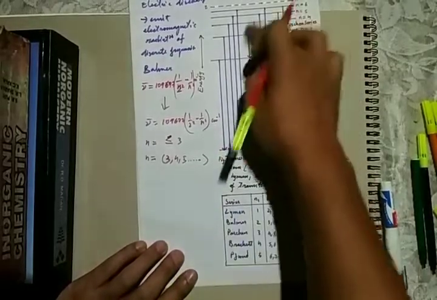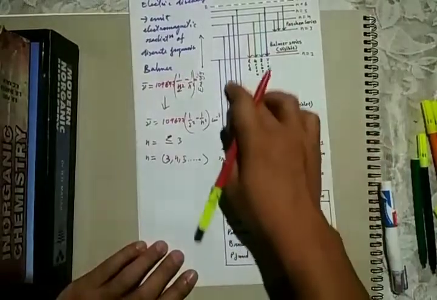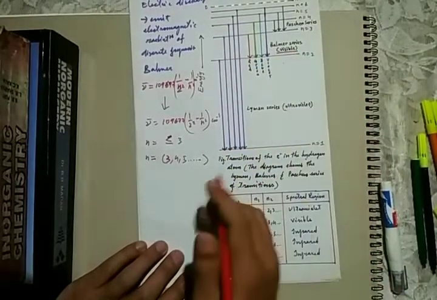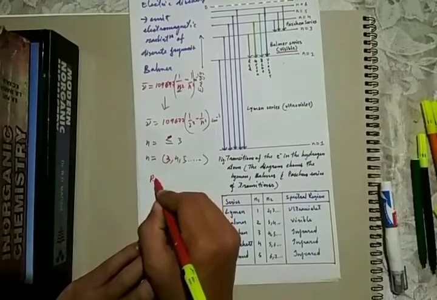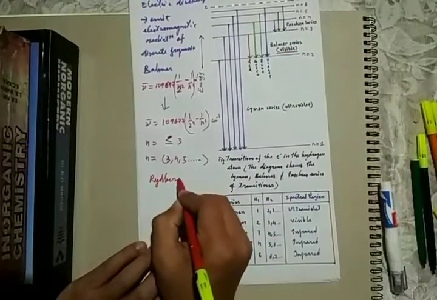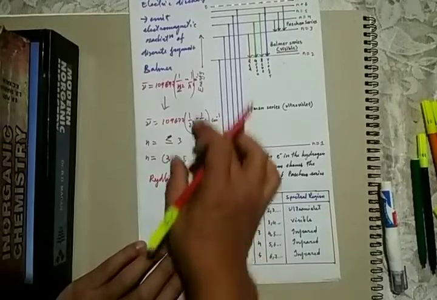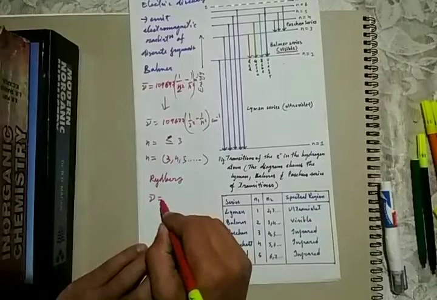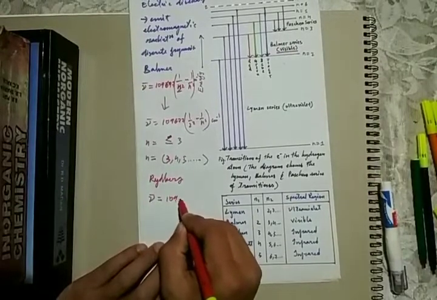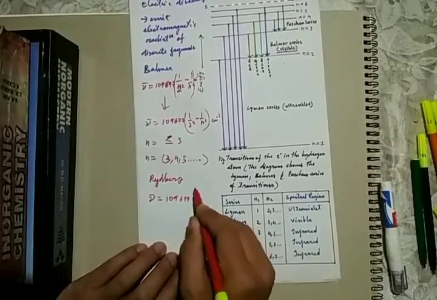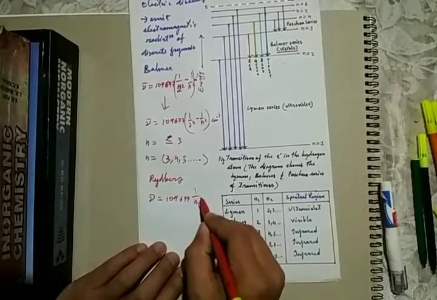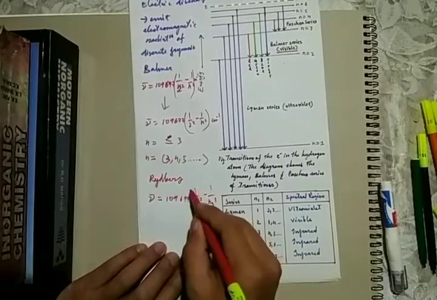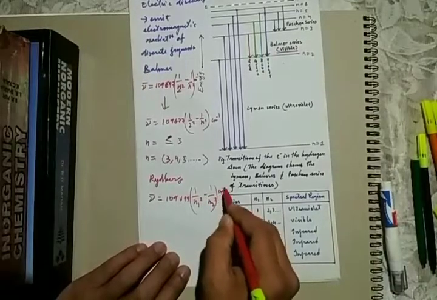After the discovery of different spectral lines apart from the visible region, Rydberg modified these Balmer relations to wave number equals 109677 times (1 by n1 square minus 1 by n2 square) centimeter inverse.